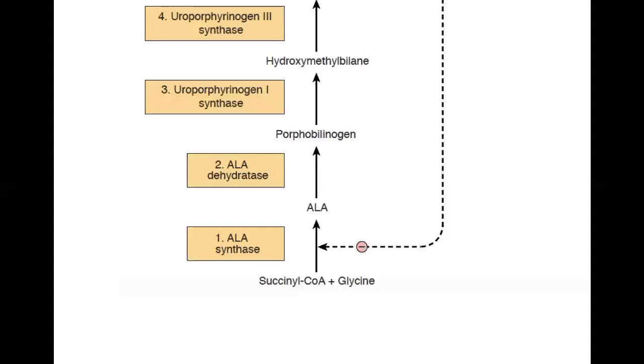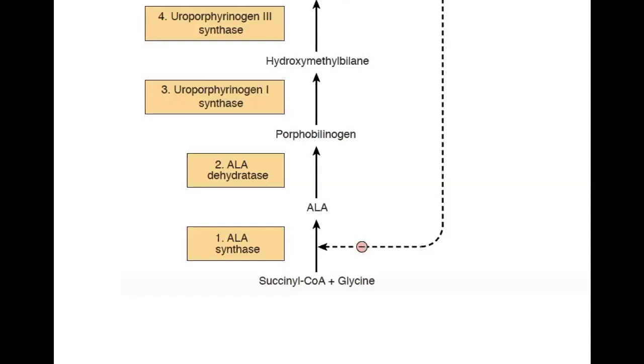The enzyme is uroporphyrinogen 3 synthase. Now, tip: if a question comes out in a standard biochemistry exam, it's most likely going to involve enzyme number 1, which is ALA synthase, and enzyme number 2, which is ALA dehydratase.